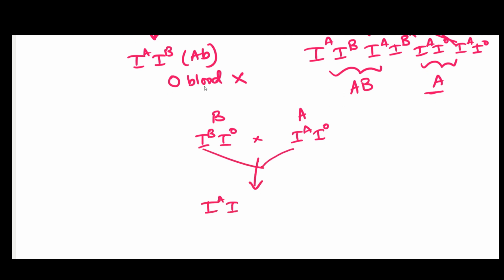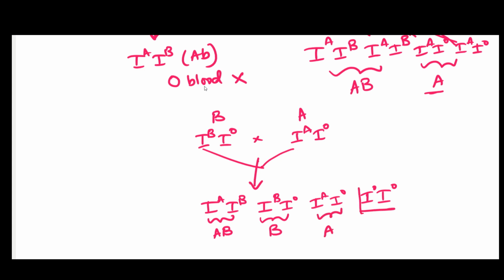It will be IAIB, IBIO, IAIO, IOIO. So here the child will have AB blood group because he carries both A antigen and B antigen. Here the child is B blood group, here it's A. And finally here the child is O blood group with no antigens present on the surface of the RBC.